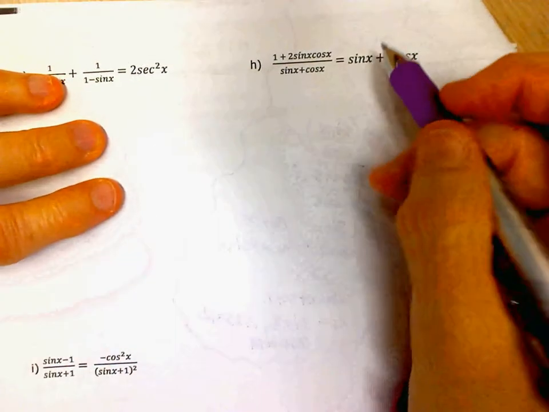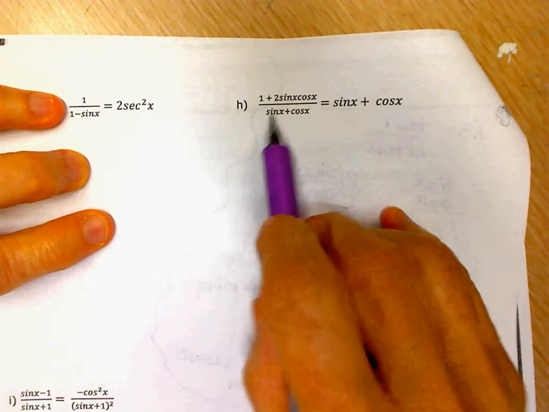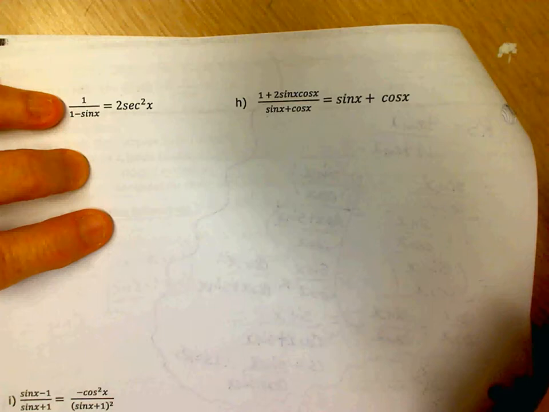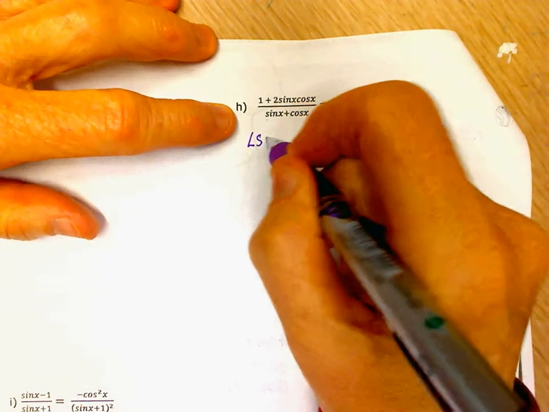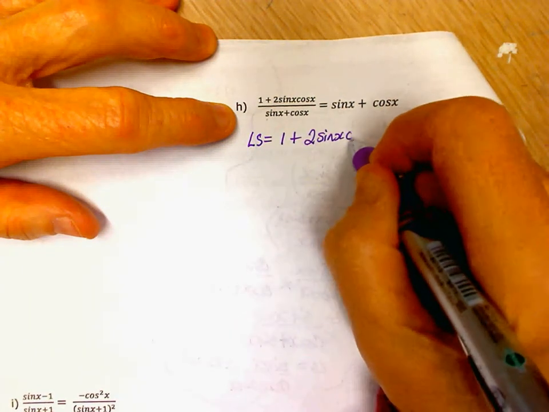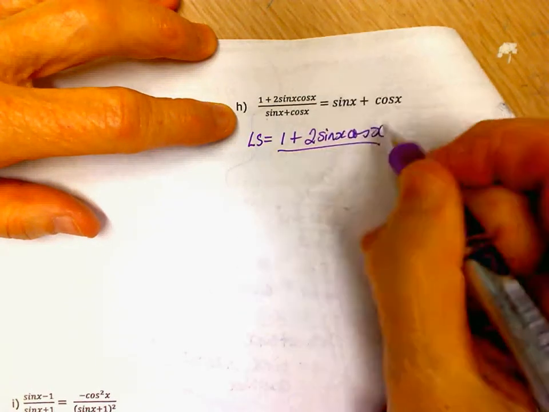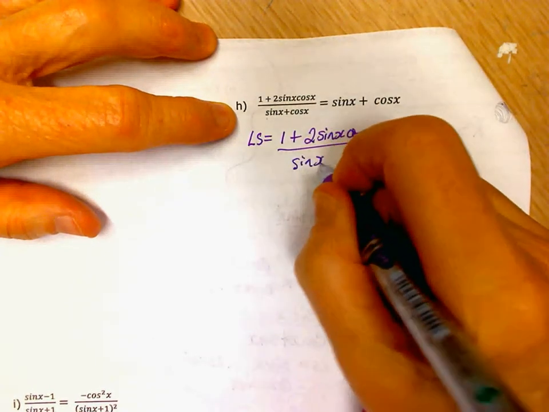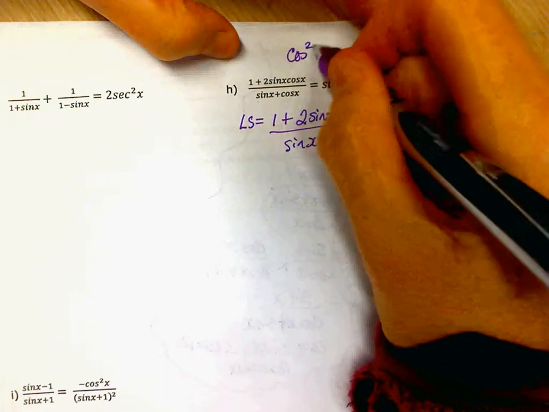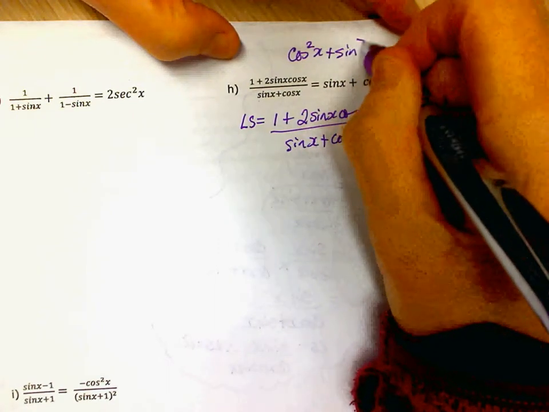Okay, out of the left side and the right side, which one is the most complicated? Yeah, the left. So let's start with the left. Now this is the trick. Cos squared x plus sine squared x equals 1. That's a Pythagorean identity, right?